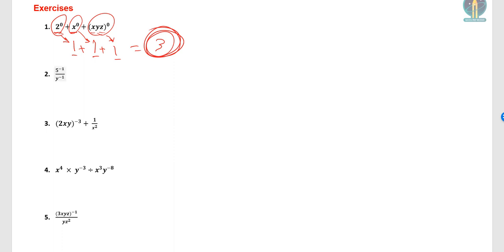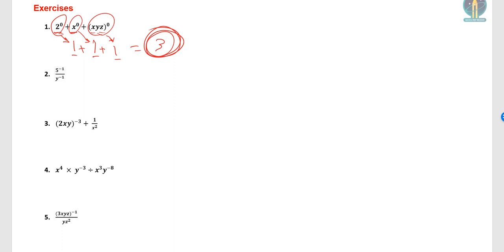Okay? 5 to the minus 1 over y to the minus 1. Remember the talk about reciprocals, right? So what does a negative power do? It tells you to take the reciprocal. Or I'm sorry, a negative exponent tells you to take the reciprocal of the base.